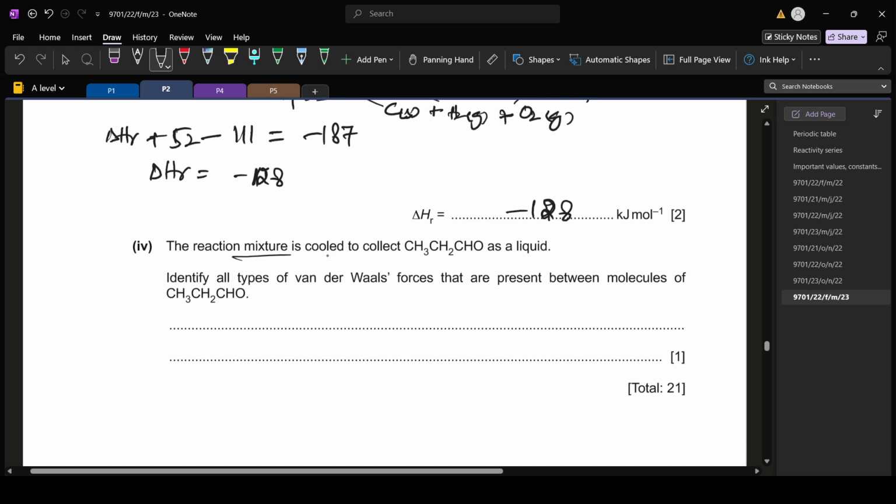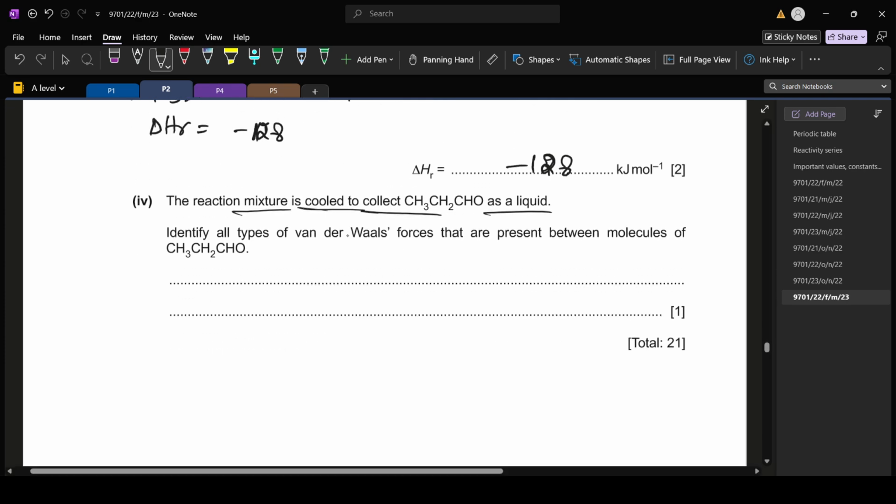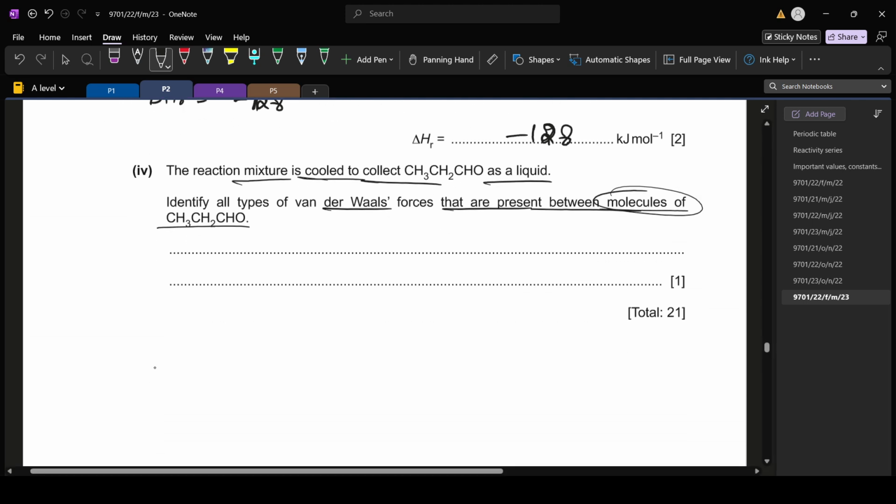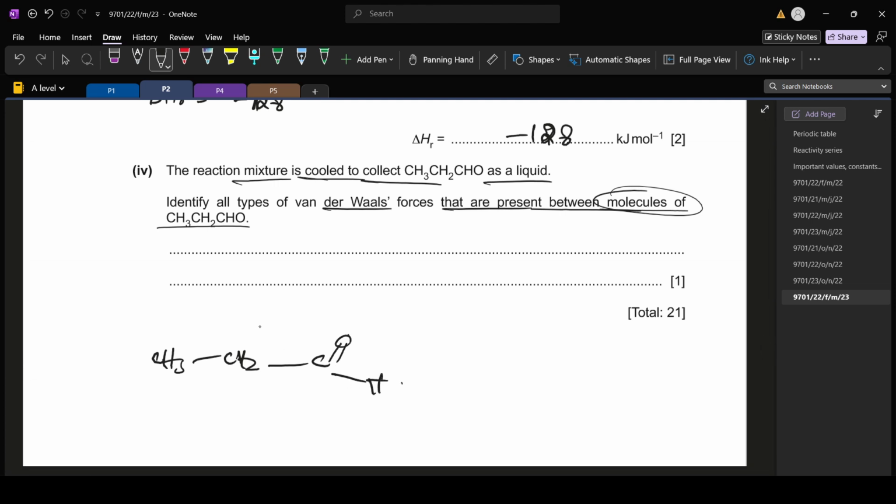Now the reaction mixture is cooled to collect the propanol as a liquid. Identify all the types of van der Waals forces that are present between the molecules of butanol. So if you draw this structure CH3, CH2, this butanol has both induced dipole forces and permanent dipole forces.